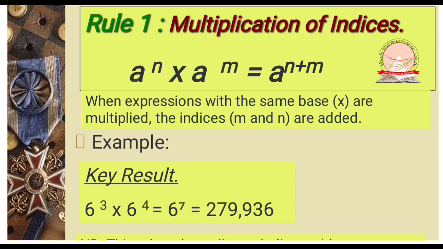So this multiplication law of indices implies that when expressions with the same base are multiplied, the indices m and n are to be added.